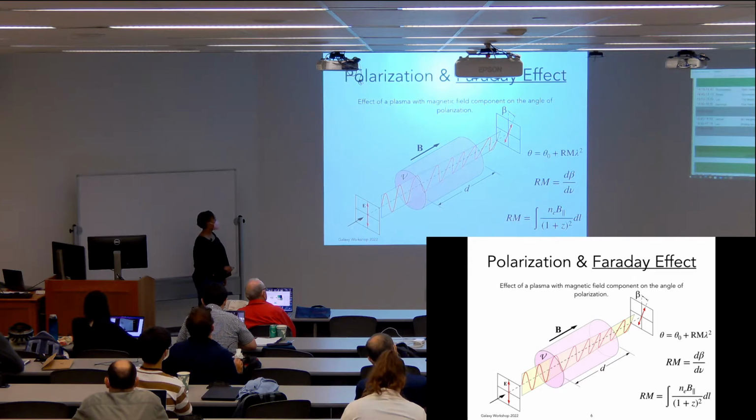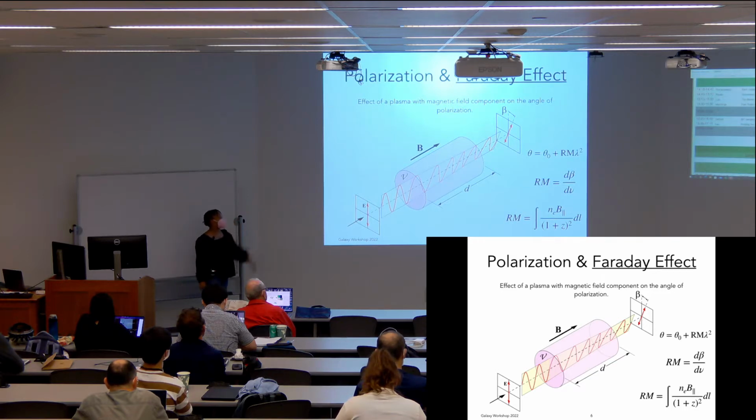So we have our polarized light. It travels through some medium, in this case a magnetized plasma that has a magnetic field that is parallel to the direction of propagation, and that induces a rotation of the angle of polarization.